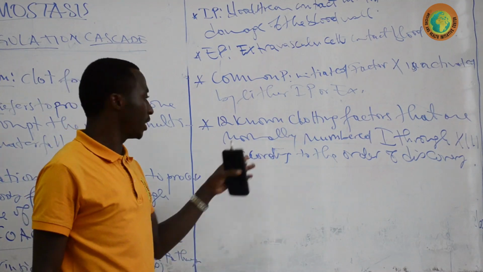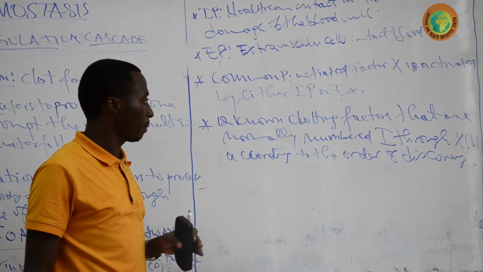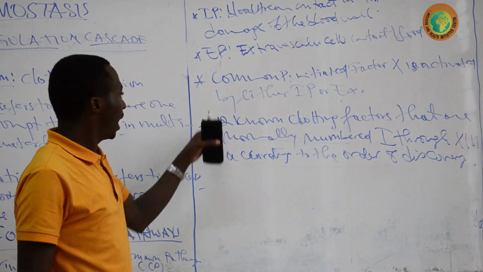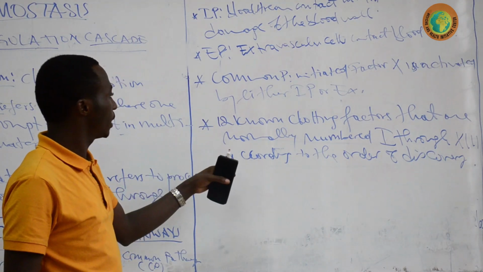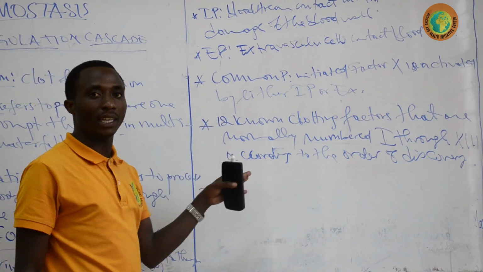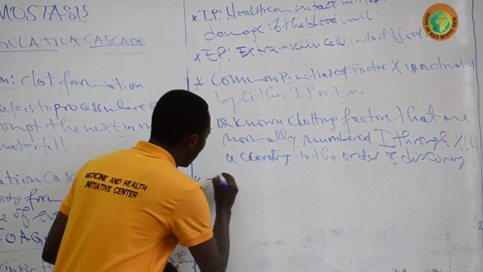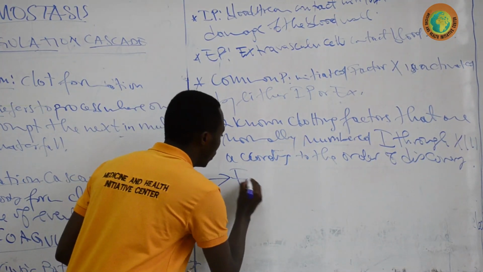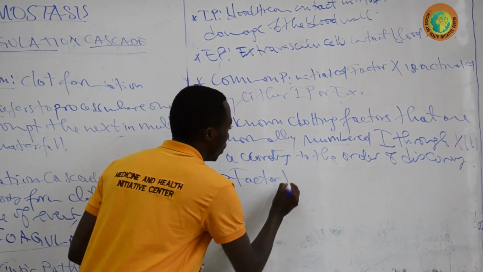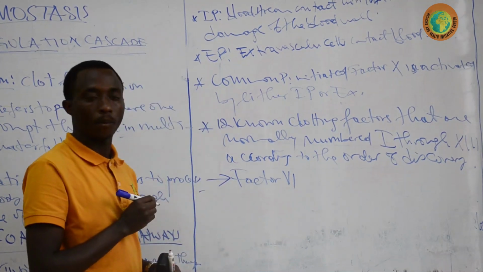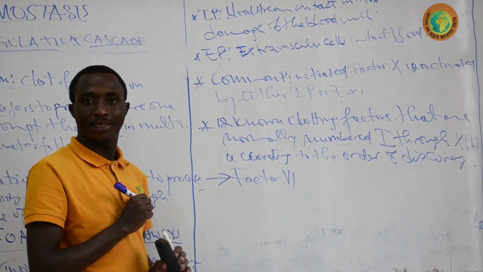What happened for this to take place? Among these 13 factors, keep in mind that factor 6 doesn't exist.